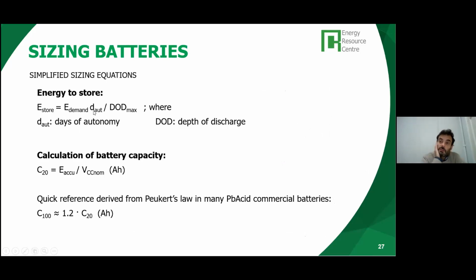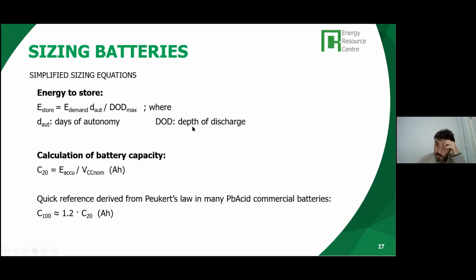This is a parameter used in backup applications or off-grid applications. That will be the number of days that this battery can supply electricity, even if it's not recharged. And that divided, of course, by the maximum depth of discharge of the battery.